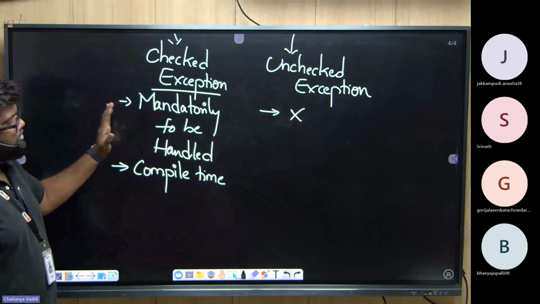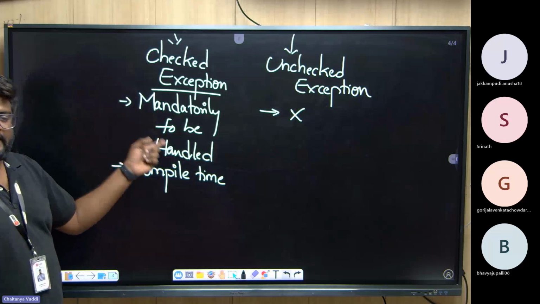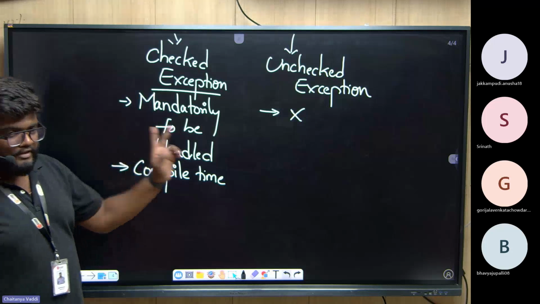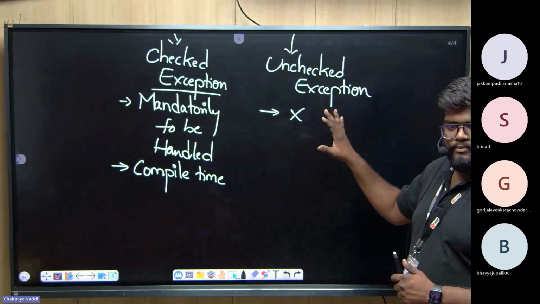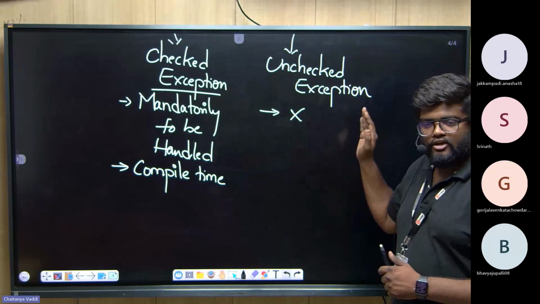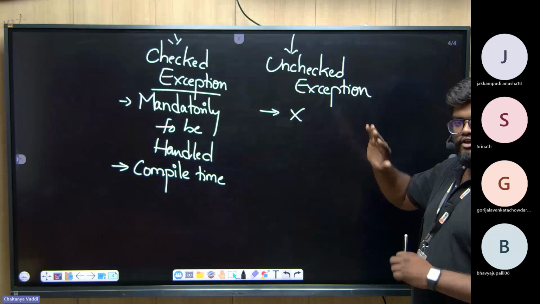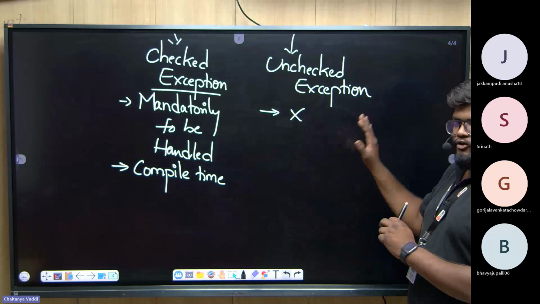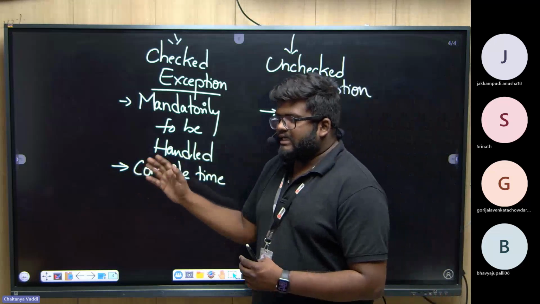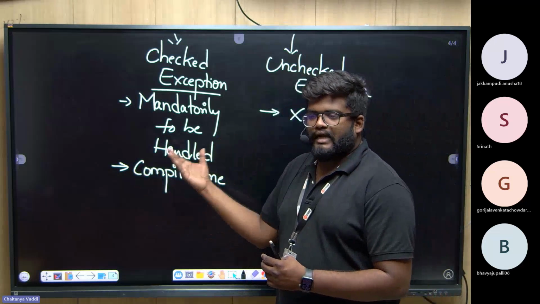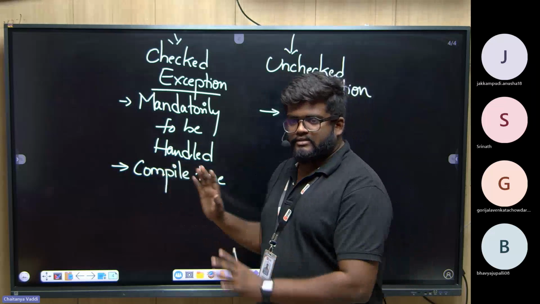You can execute the program even if you have an unchecked exception in your program. If you handle it, you will not see any interruptions in the code. If you do not handle it, you will see the interruptions. On the other hand, checked exceptions definitely want you to handle them. Without handling them, you cannot run the application. That is a simple difference.